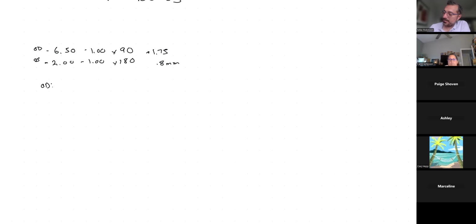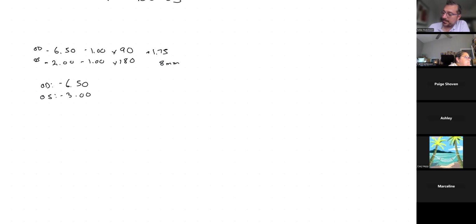So OD, looking at the 90, that's going to be 6.50. OS, that is going to be minus 3. And then since we are having to solve for the prism in the 90, we know what our powers are in the 90.